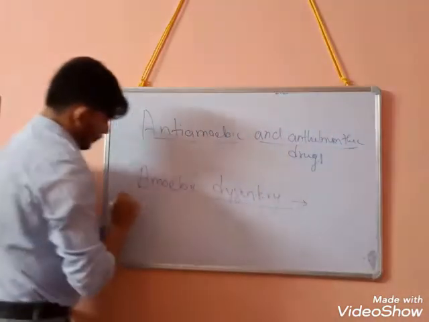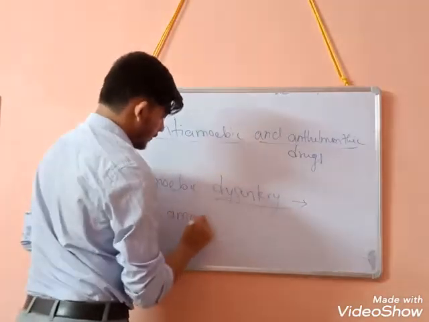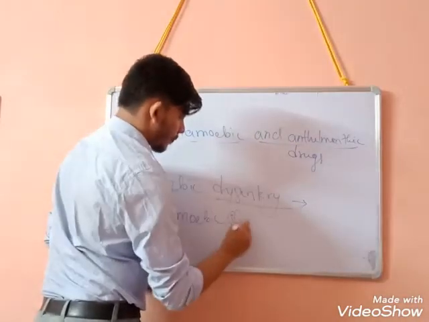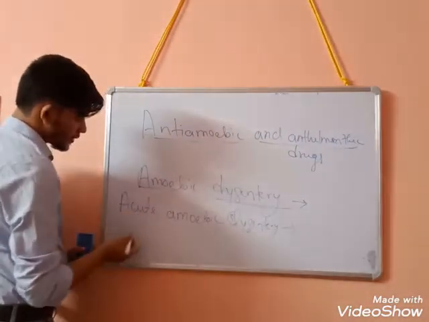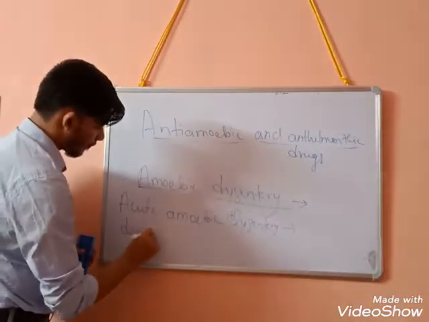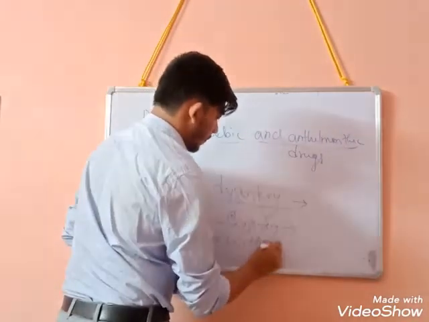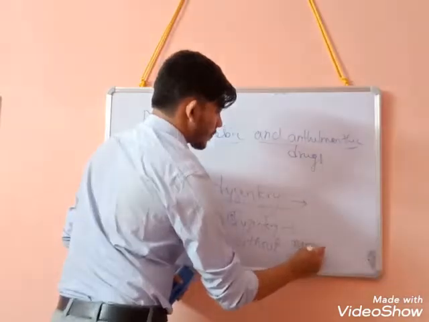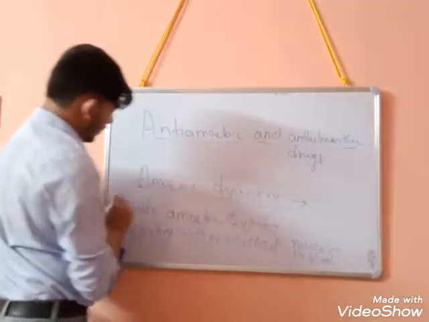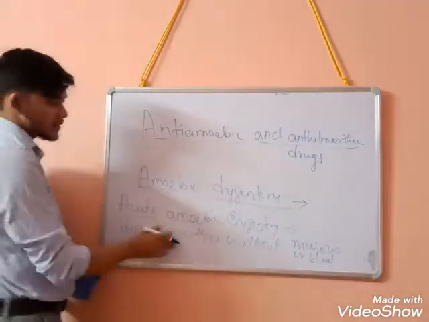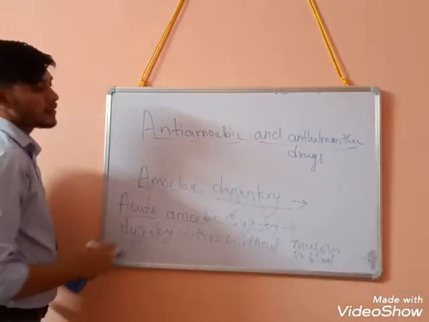In acute amoebic dysentery, the patient will have loose motion or dysentery with or without mucus or blood.